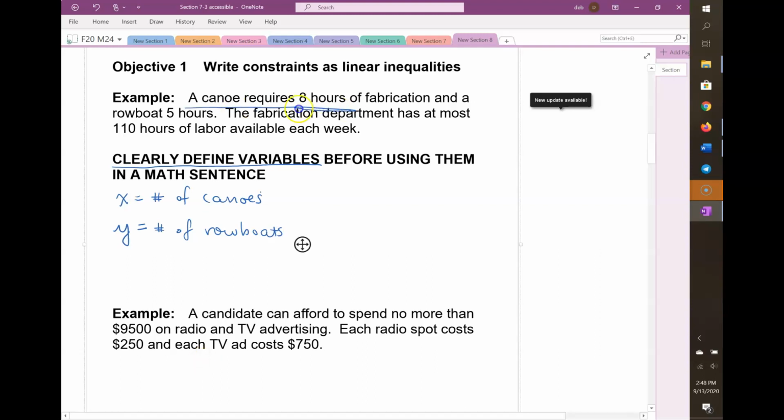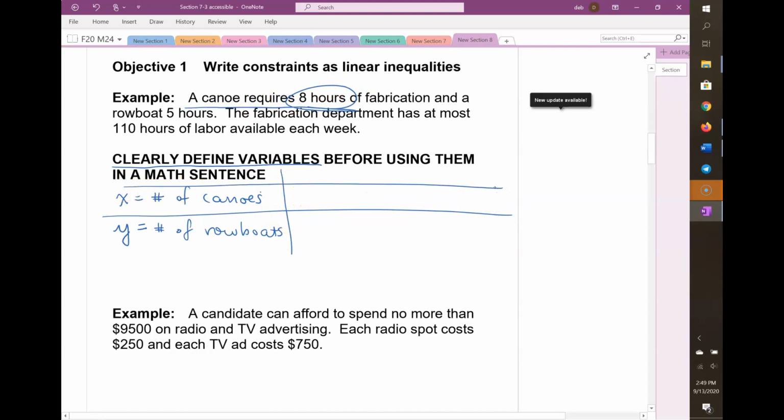So the canoes need 8 hours to put them together. So I'm finding it really useful with these problems to make a chart and put time as a column in the chart and collect that information here next to the canoes, that they need 8 hours to fabricate. And then by the rowboats, I would put that they need 5 hours to fabricate.